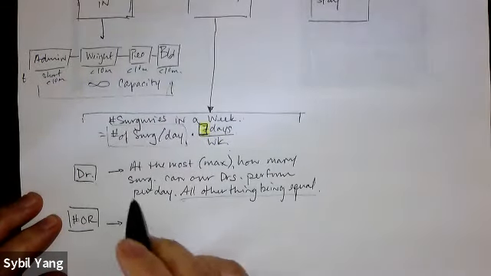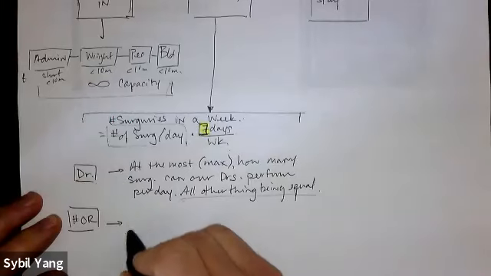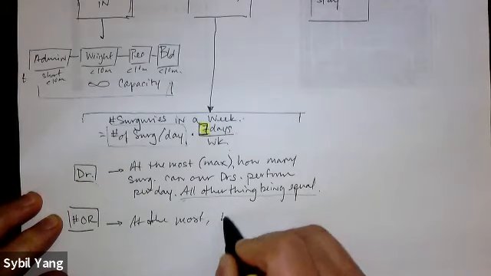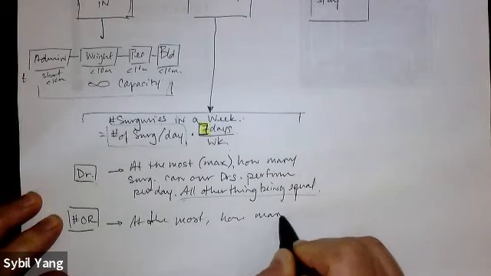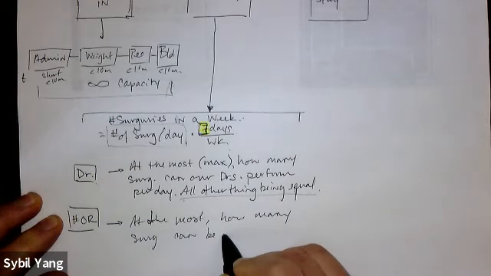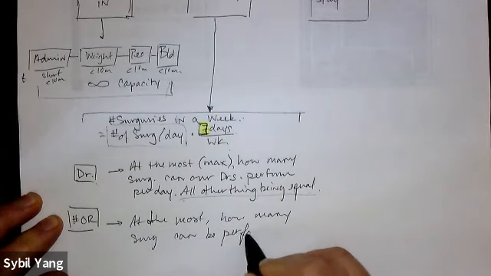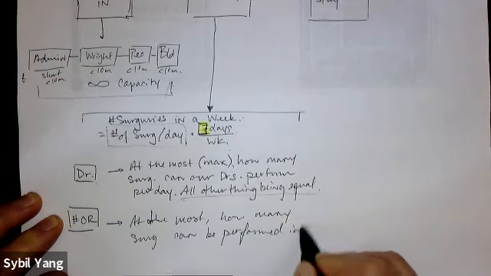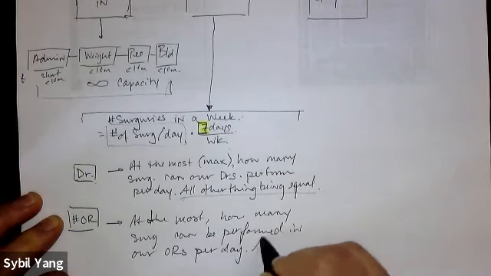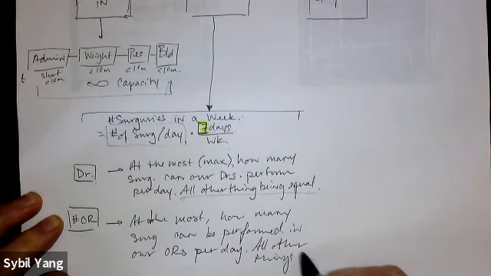Similarly with the OR, right? We can write exactly the same thing. At the most, how many surgeries can be performed in our ORs per day, all other things being equal.